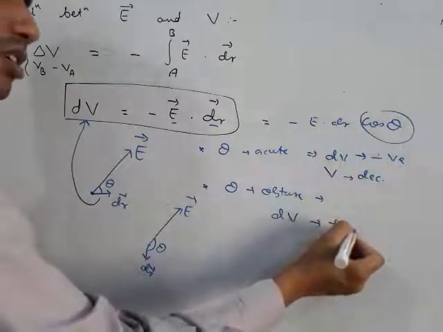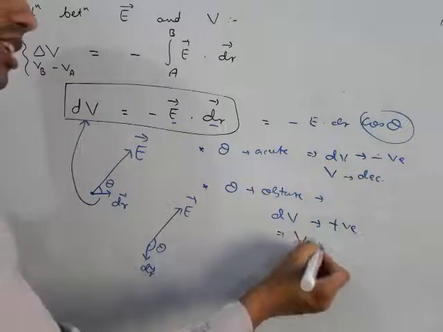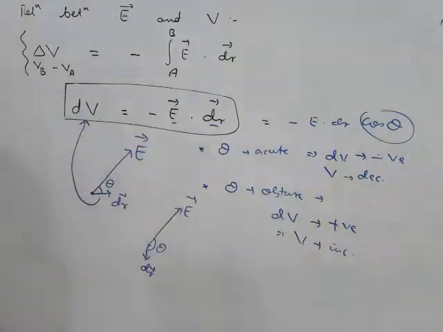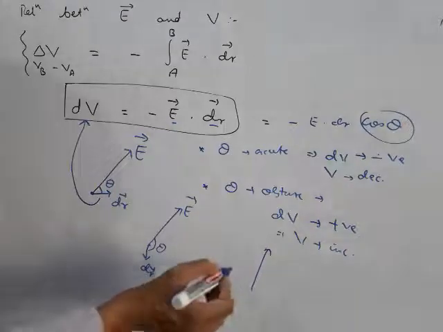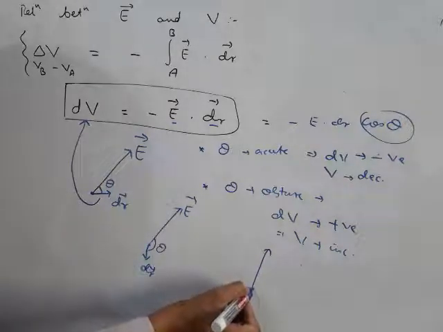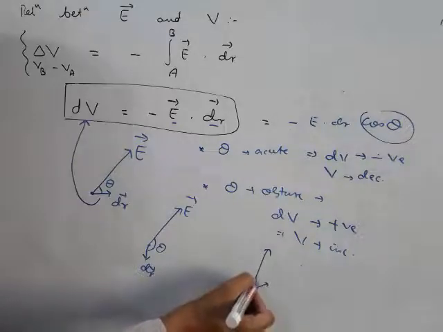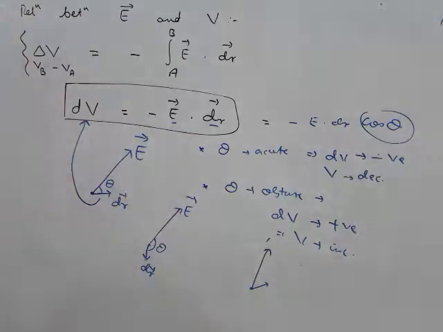So dV becomes positive. This implies potential increases. Please grasp this particular thing. If in any region there is some electric field in some particular direction, suppose electric field is like this, and you move in that region in a direction making some acute angle to that electric field, then potential will decrease. And if you make obtuse angle, that potential will increase.